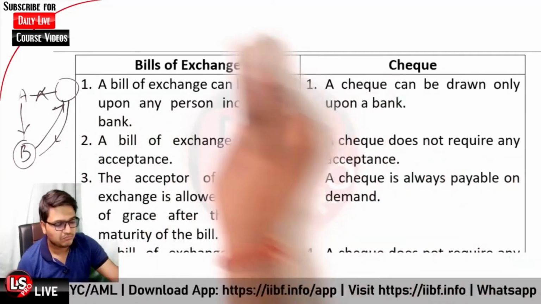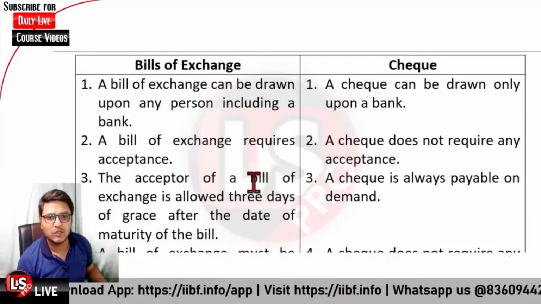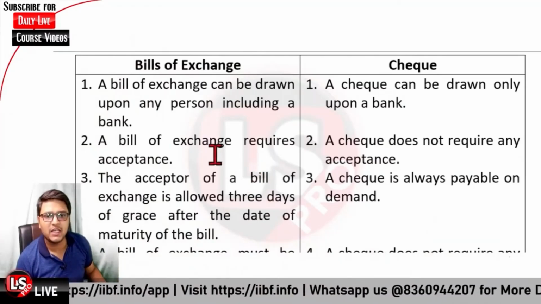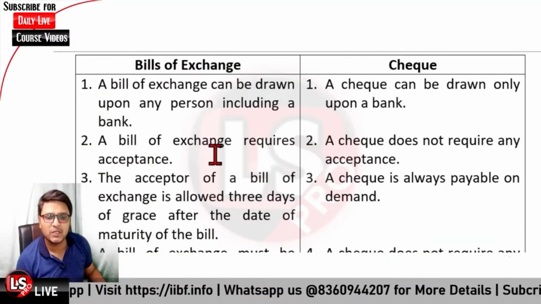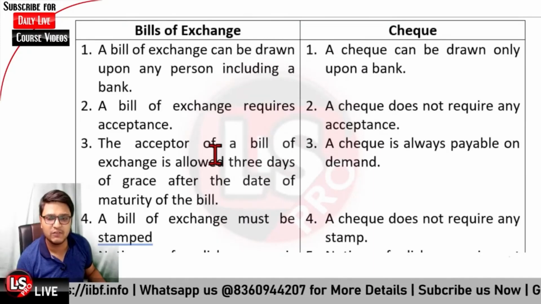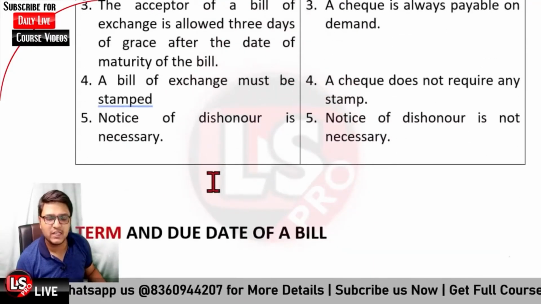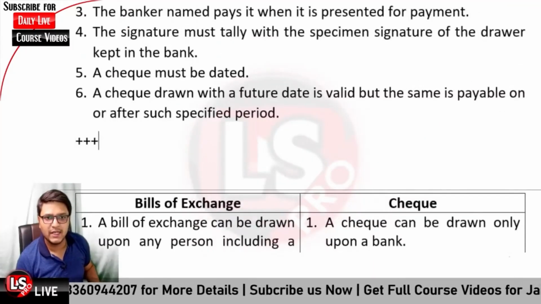Okay. Then further, the acceptor of a bill of exchange is allowed 3 days of grace after the date of maturity of the bill. Now what does this point signify? Let me explain it to you.